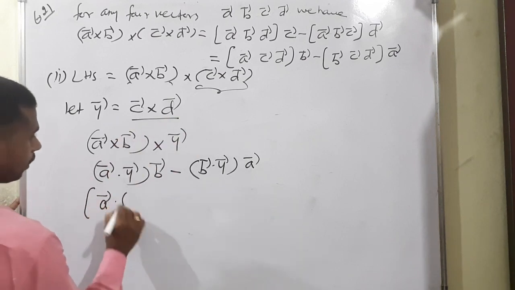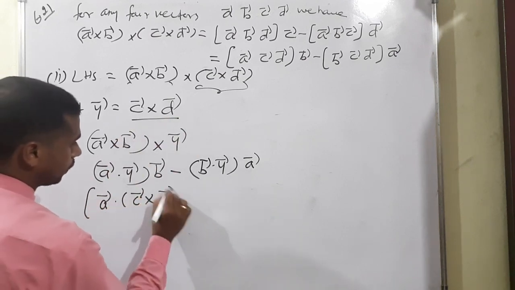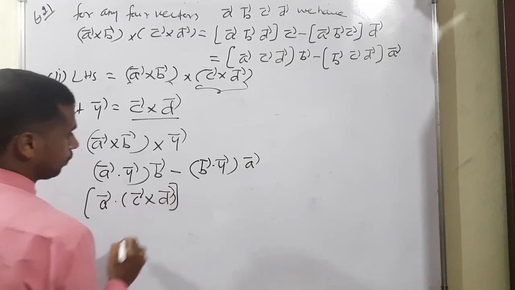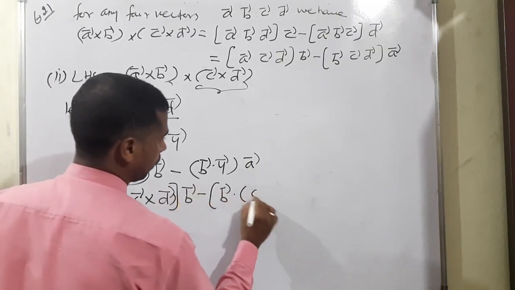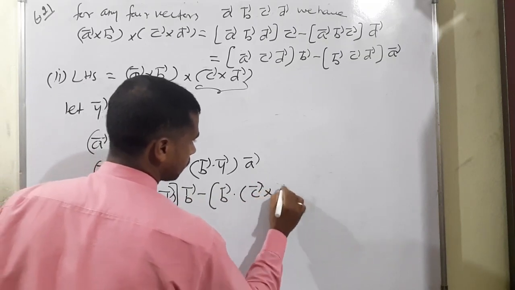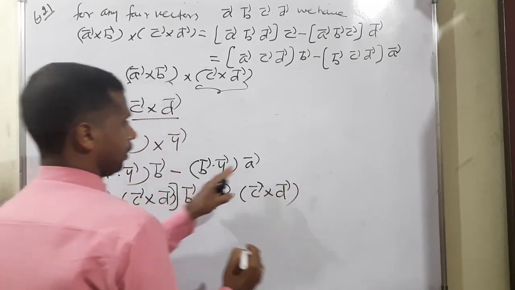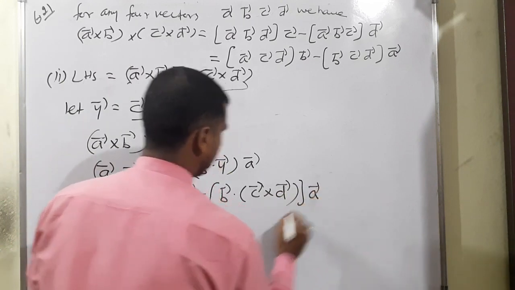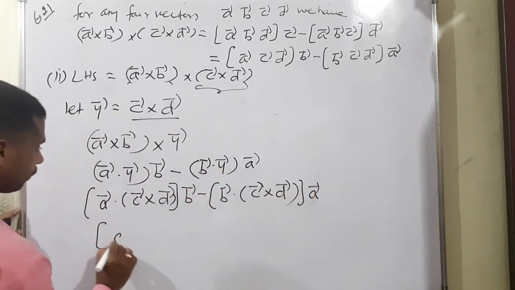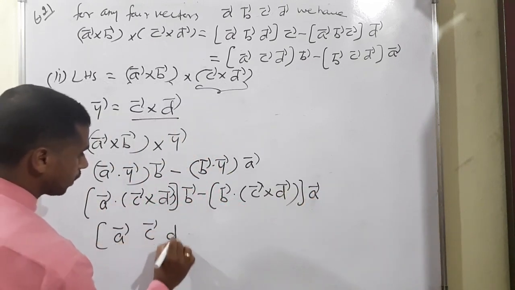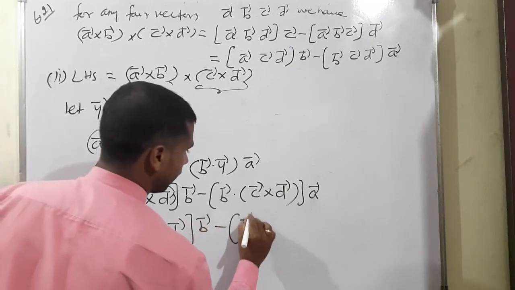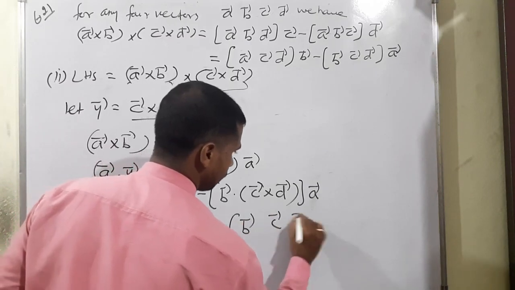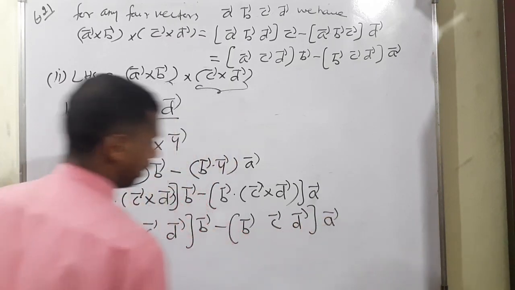So a vector dot c vector cross d vector into b vector, then minus again b vector dot c vector cross d vector into a vector. Now we can write it as box product of a vector, c vector, d vector into b vector, minus again box product b vector, c vector, d vector into a vector.